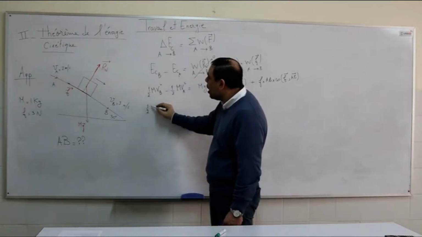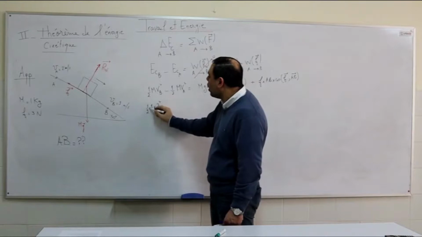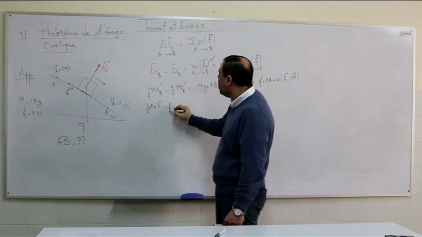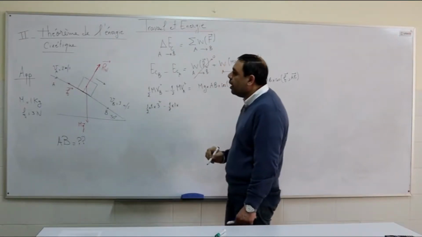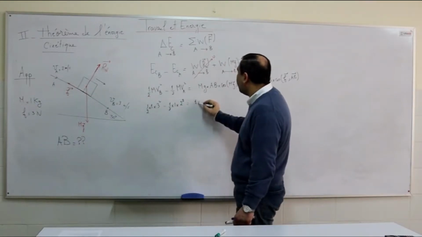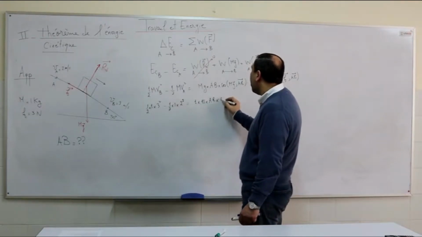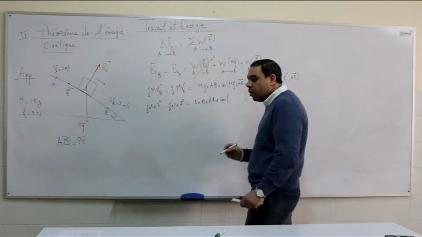This is equal to half times 1 times 3 squared minus half times 1 times 2 squared. This is equal to 1 times 10 times AB cosine.